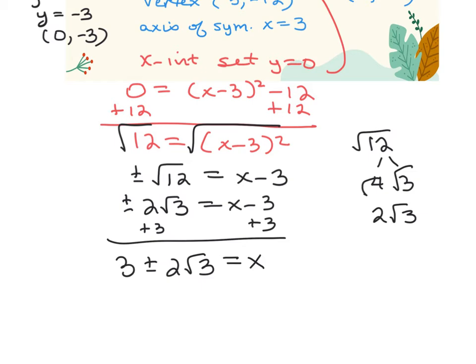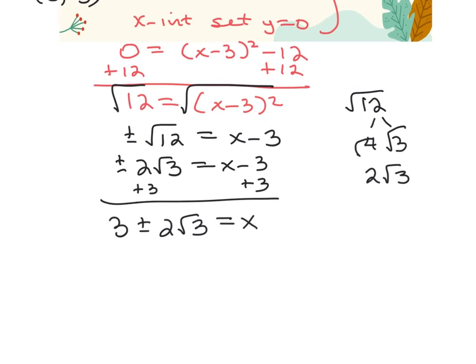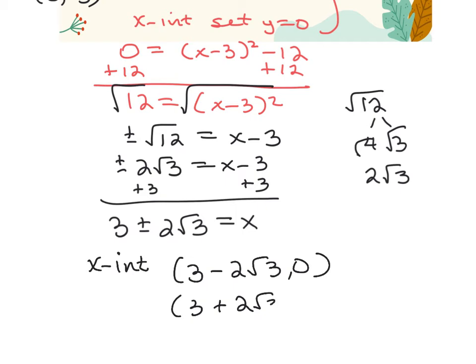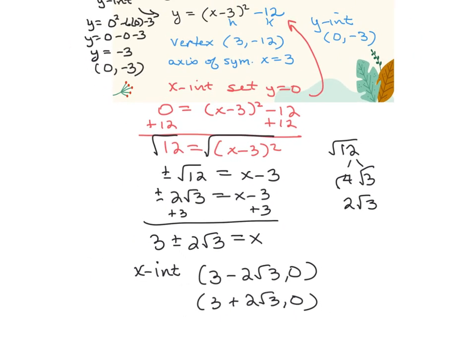This is what I'm going to be putting into my coordinates for my x-intercepts. So I have an x-intercept at (3 minus 2 square root 3, 0), and one at (3 plus 2 square root 3, 0). Remember always to write them as ordered pairs or as coordinates.